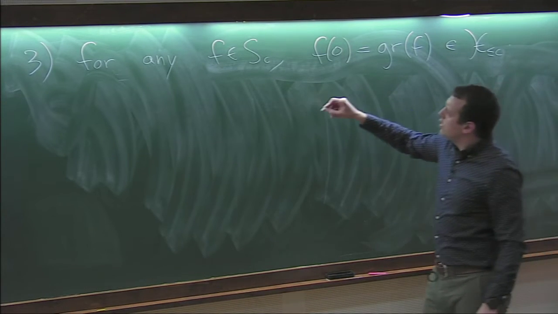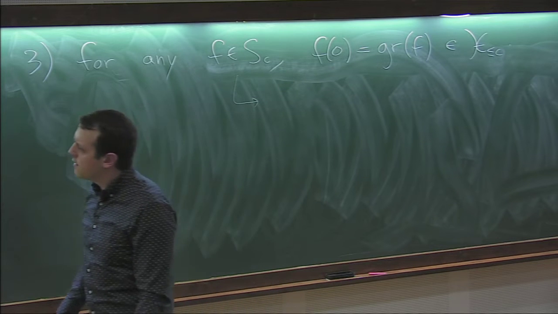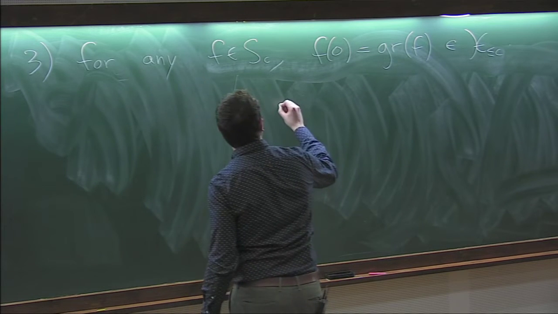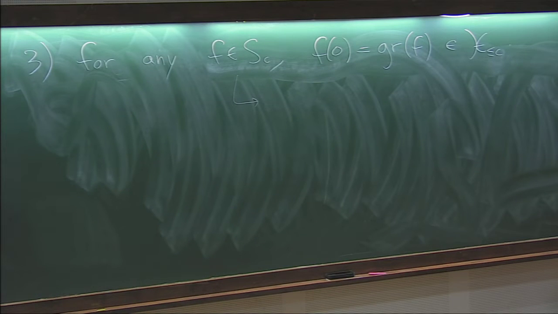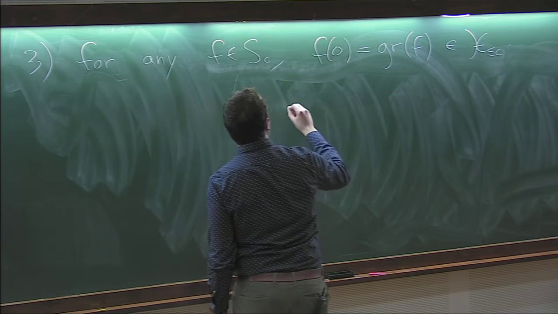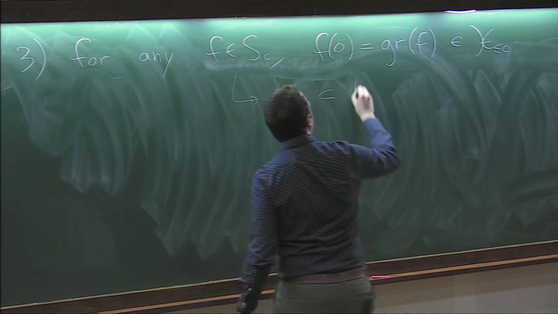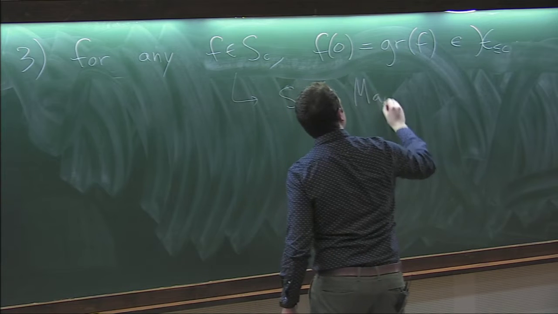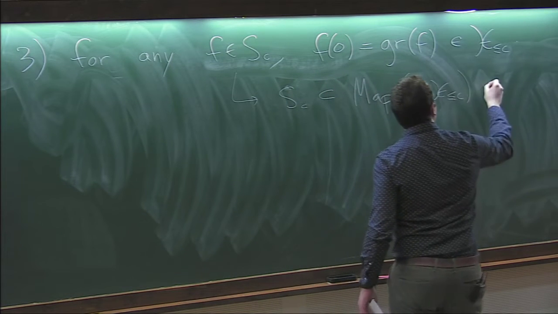The reason you do this is that it allows you to do many inductive arguments. Sometimes you might see me call this mapping stack the stack of filtrations. So the point is that this allows you to say that S_C actually lives inside maps from theta into X less than or equal to C.